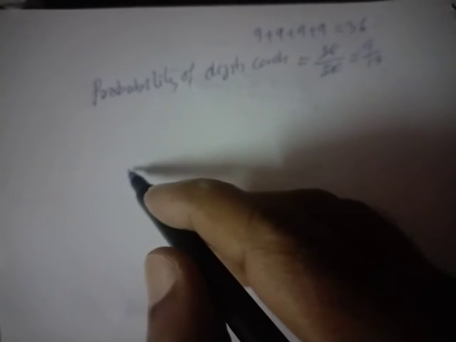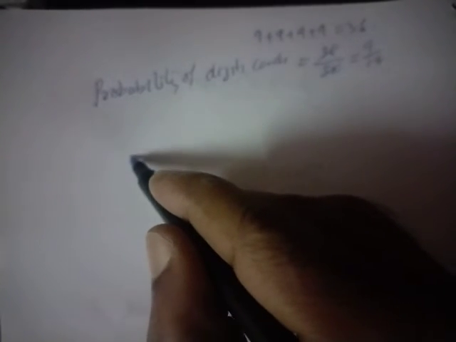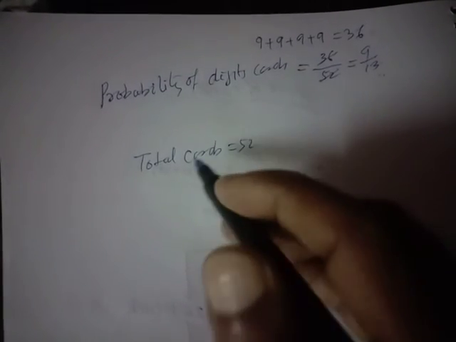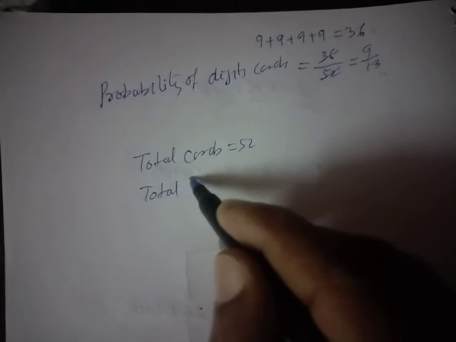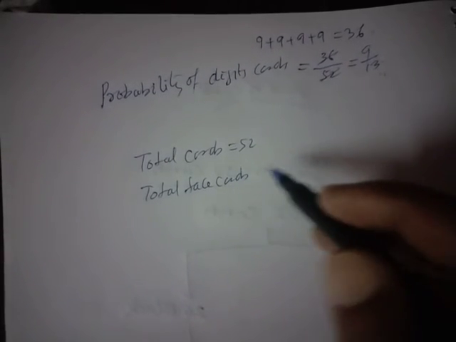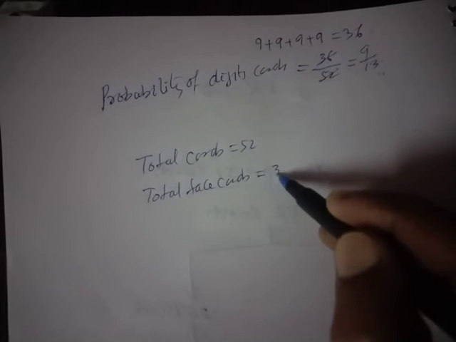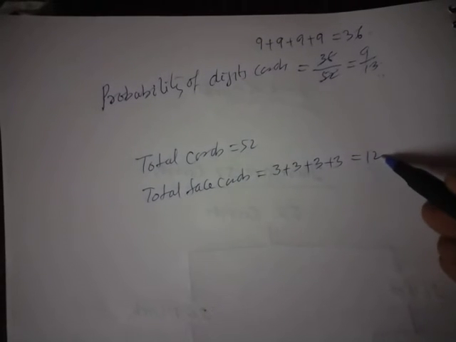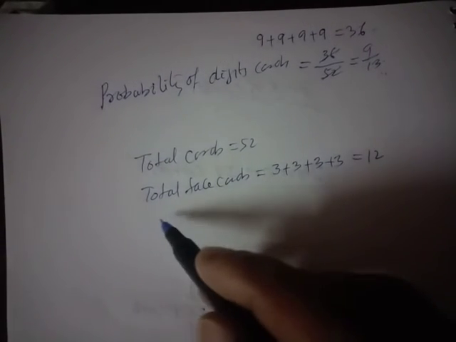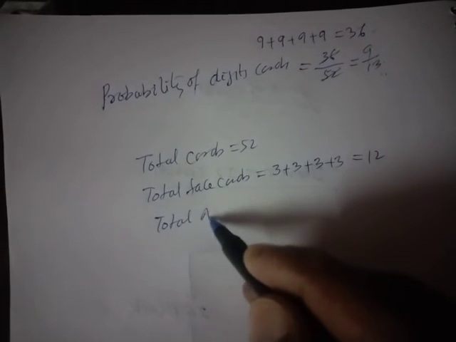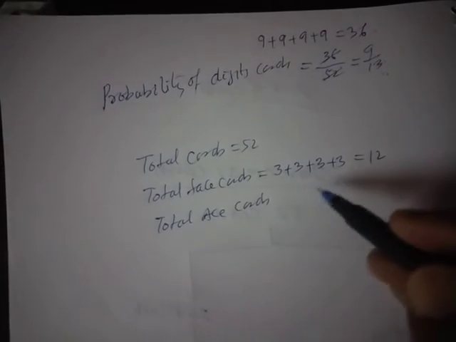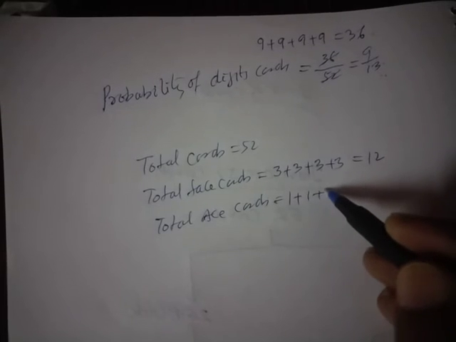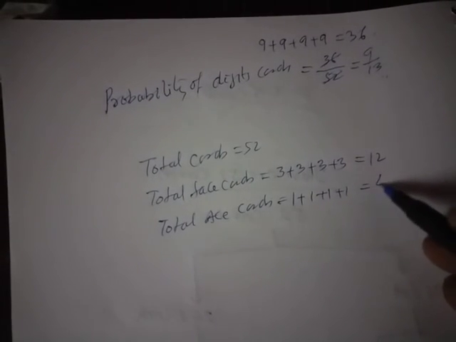Now I am going to classify. Total cards 52. Total face cards 3 plus 3 plus 3 plus 3, 12. Total ace cards 1 plus 1 plus 1 plus 1, 4.